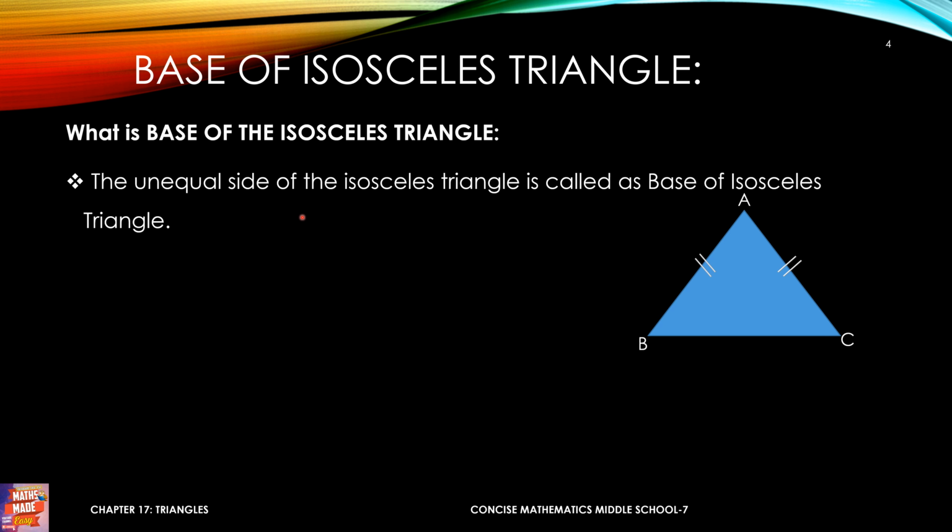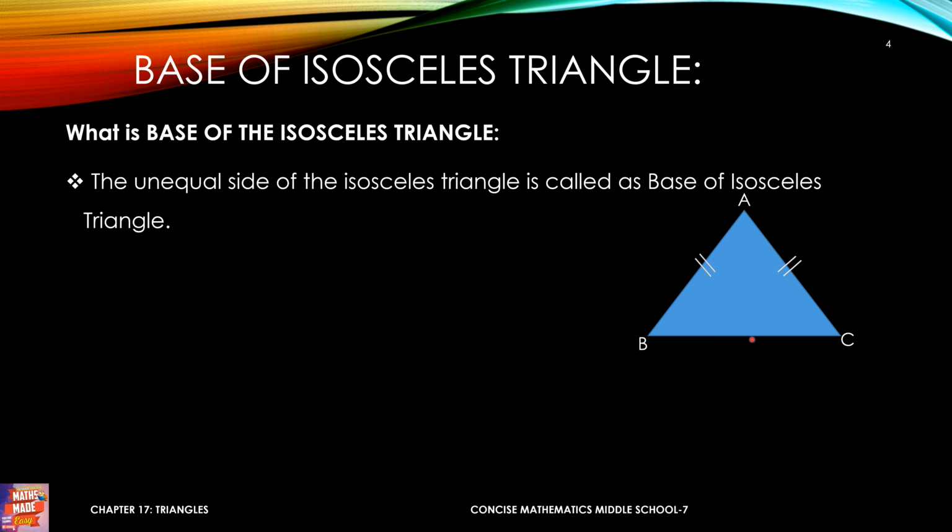The unequal side. Which is the unequal side, children? I have already said to you. Since both these sides are equal, I have put two parallel line symbols, right? And so this is the unequal one. So this value will be different. That means, for example, if this AB is 10, then this AC length will also be 10 centimeters. But this BC won't be 10. It will be 9, 8 or 12. It might be greater than or lesser than the others.